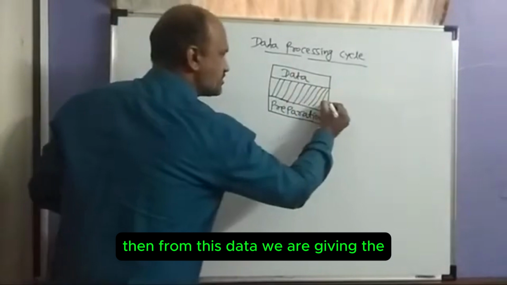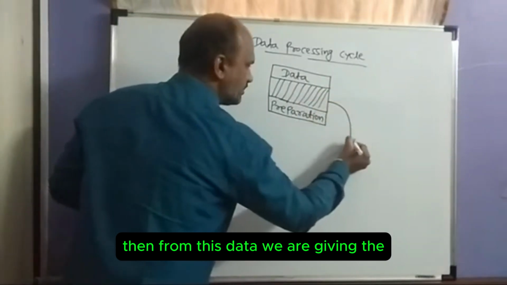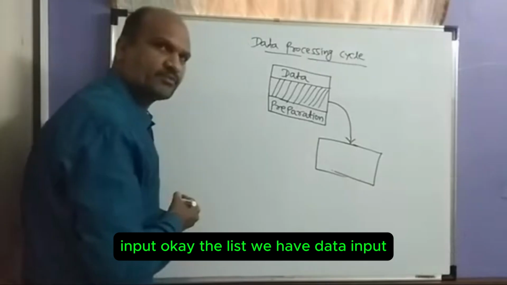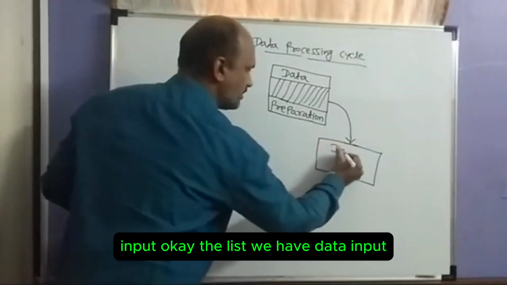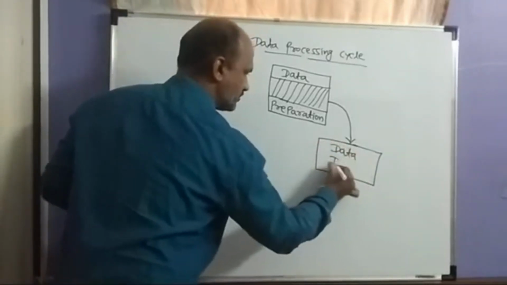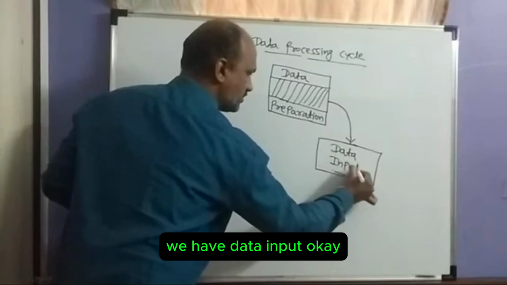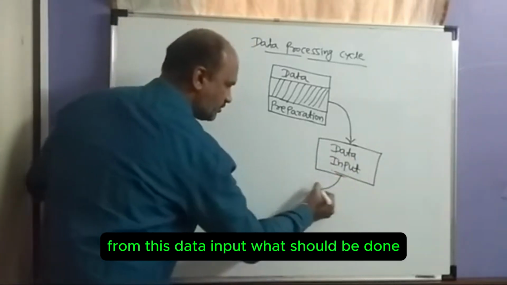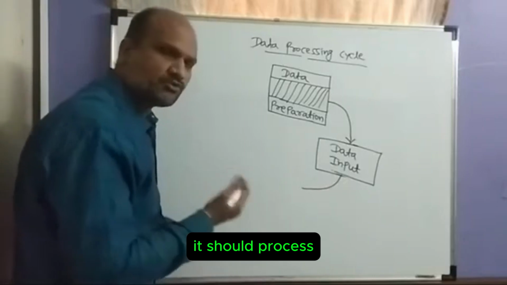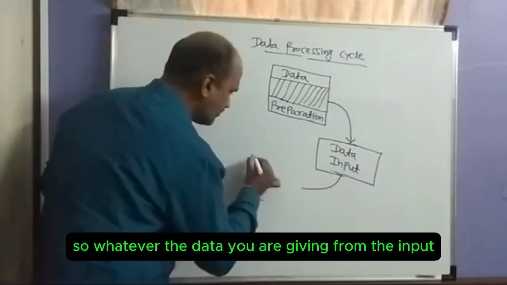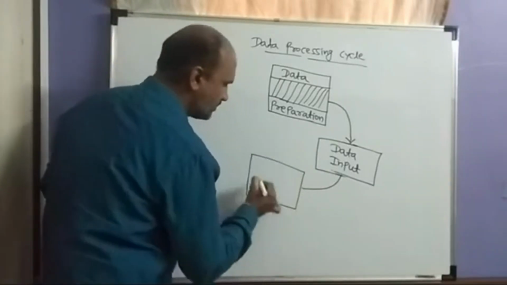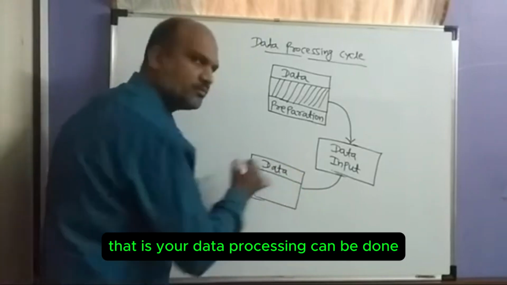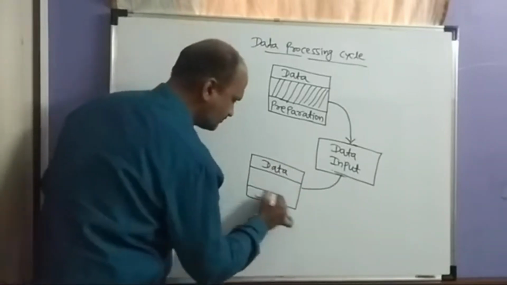Then from this data we give the input, so we have data input. From this data input, it should be processed. Whatever data you give from the input, it should be processed. That is data processing.